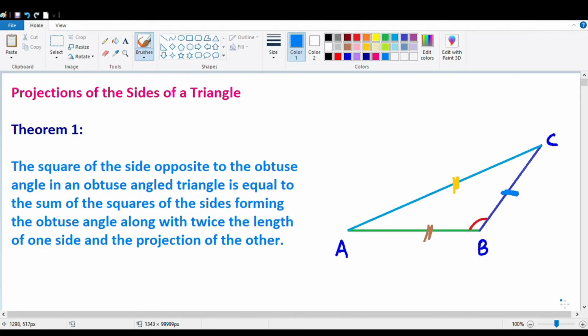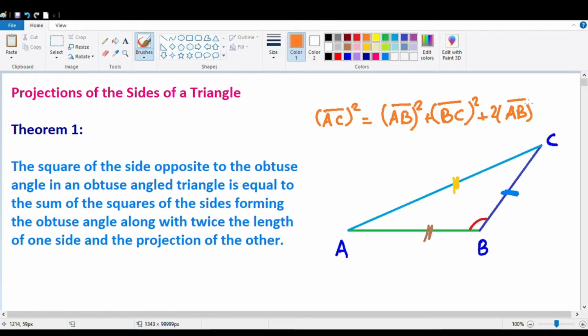So if I do the theorem right now it would look like this: AC squared, this is the side that's opposite to the obtuse angle, is equal to AB squared plus BC squared, plus 2 into AB, along with twice the length of one side.